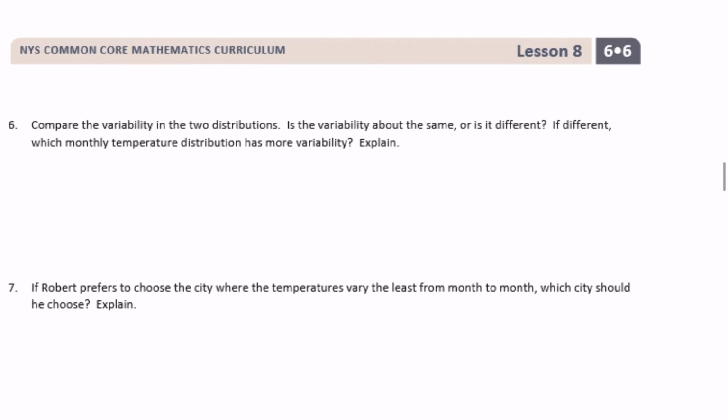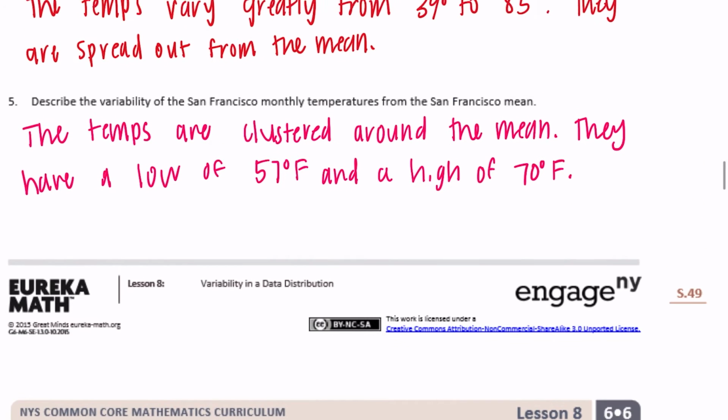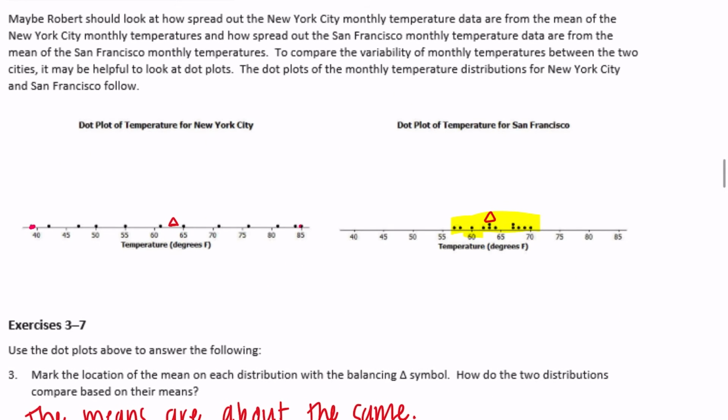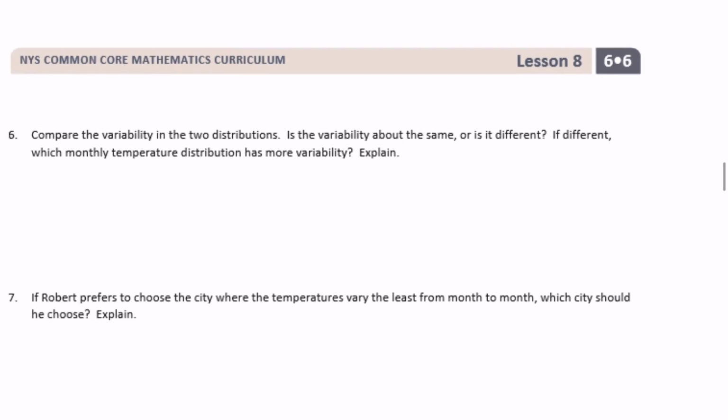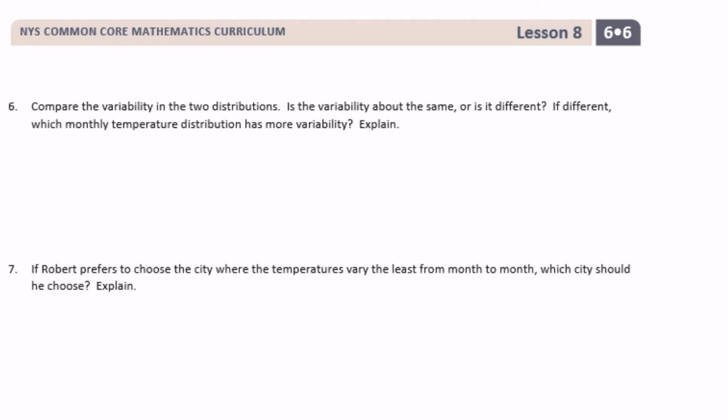Number 6, compare the variability in the two distributions. Is the variability about the same or is it different? If different, which monthly temperature distribution has more variability? So I would say that the variability is different in the two distributions. Here, it's more spread out in New York City, where it's more clustered together in San Francisco. So let's say the variability is different.